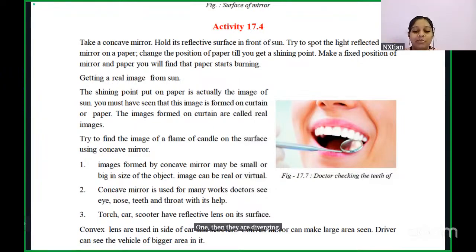Cameras on, please, all of you. So how the convergence takes place and how the divergence takes place, we will talk about that today, in concave and convex mirrors.